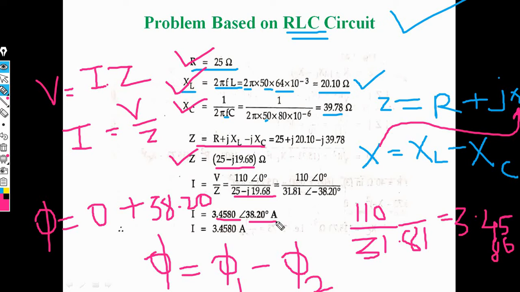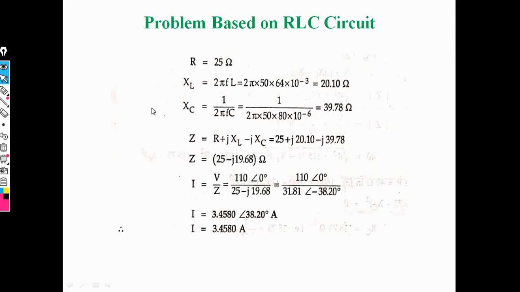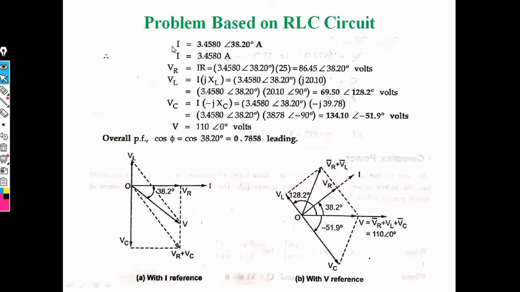Now this is the value of current. Next parameter is VR.